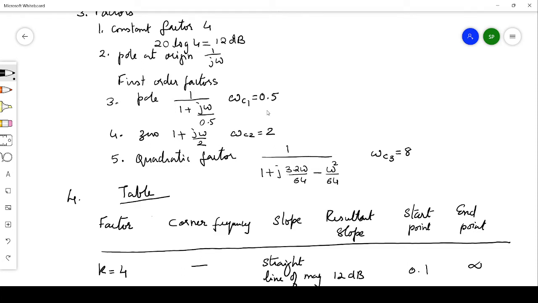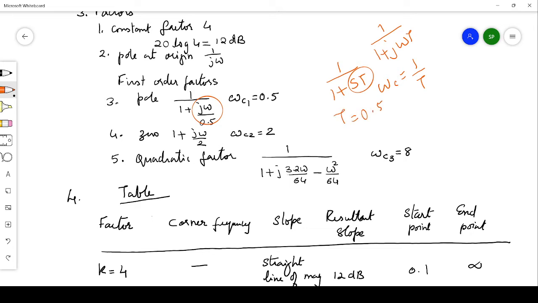As I already told you, if you have a first order factor in the form 1 plus j omega T, then the corner frequency is 1 by T. In this particular case T is 0.5, so omega c is 1 by 0.5, and you get the corner frequency for that factor.